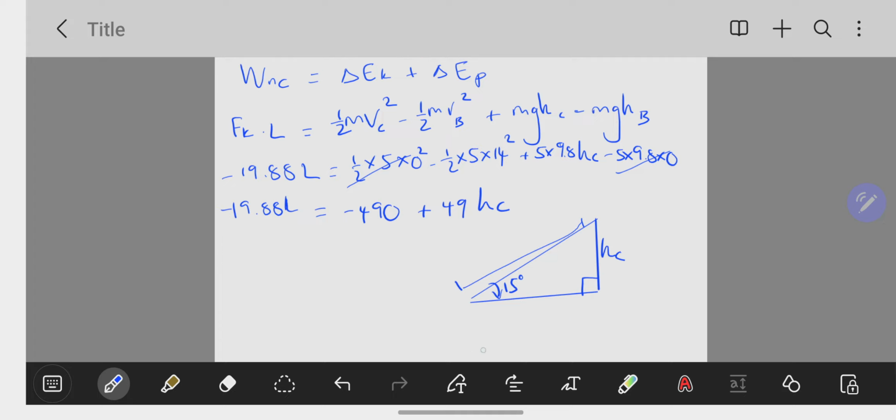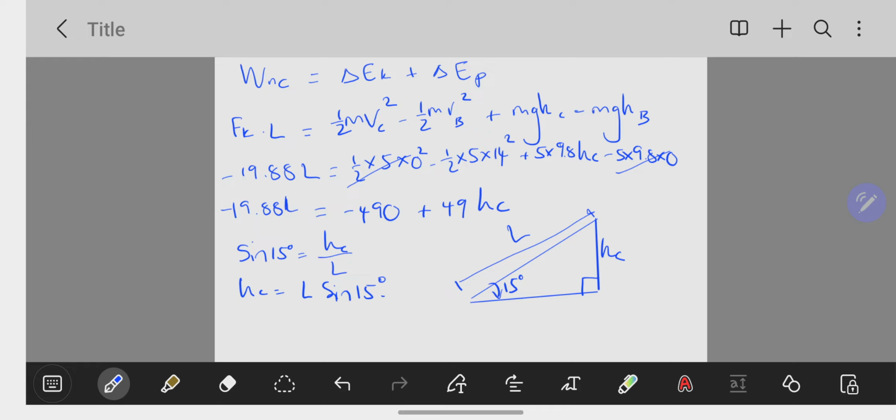And this is basically the hypotenuse, that is L. Now, if I want my equation in terms of L, I'm going to solve for HC using the fact that sine 15 equals HC over L. Sine 15 equals the opposite over the hypotenuse, which is L. Therefore, HC equals L sine 15.